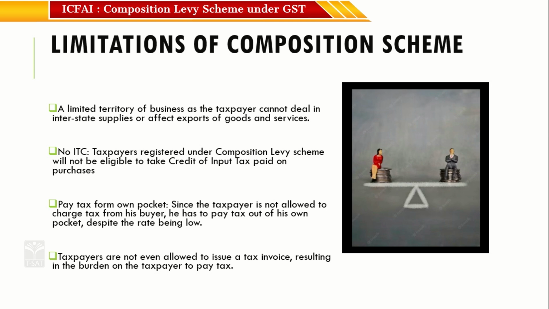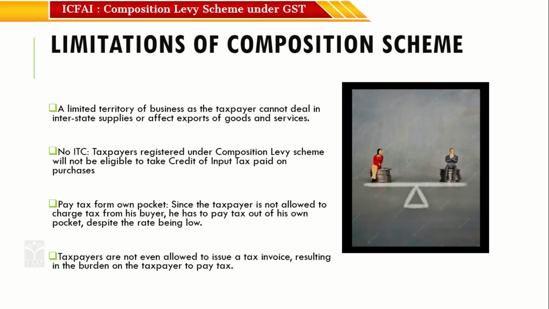Number two, as we have already discussed, there will be no ITC, input tax credit. Taxpayers registered under the composition levy scheme will not be eligible to take input tax credit on any of the purchases. Because of that, they at times have to pay the taxes from their own pocket, though at a very lesser rate.